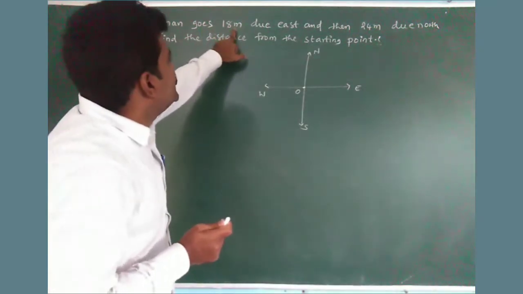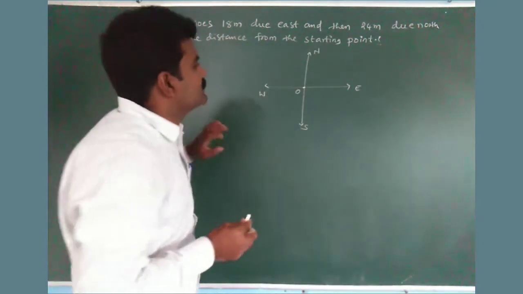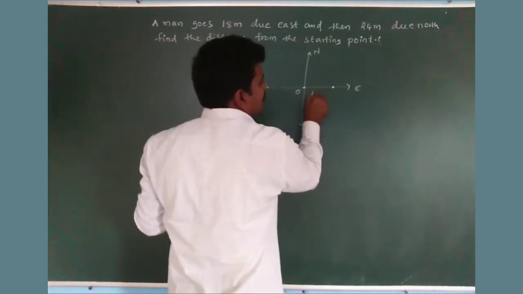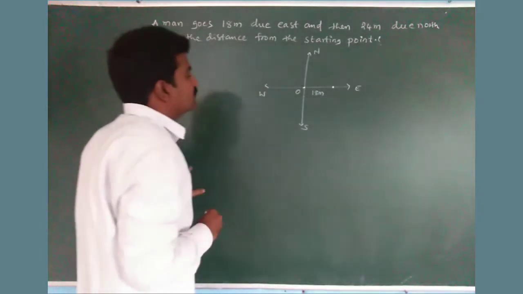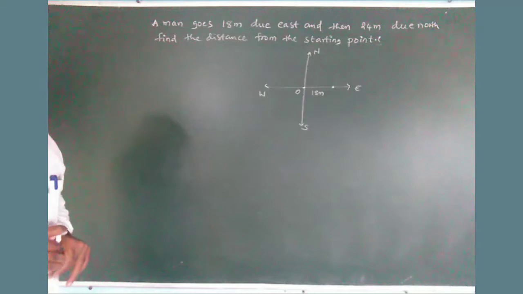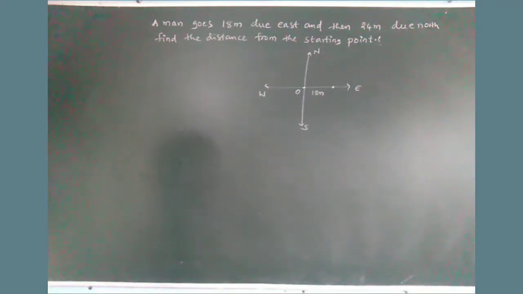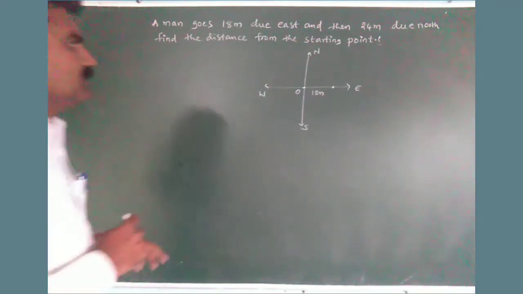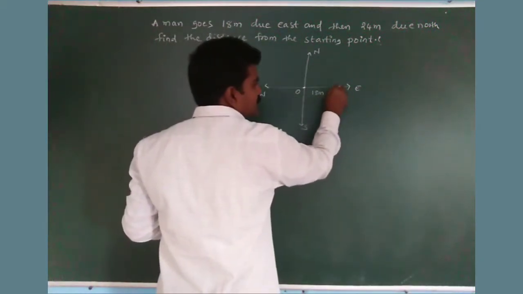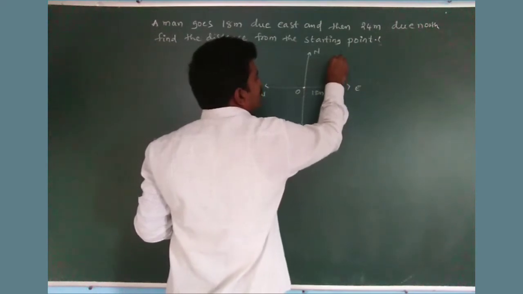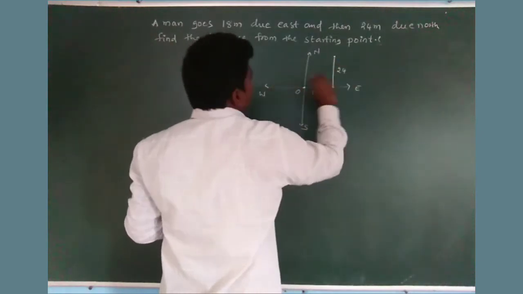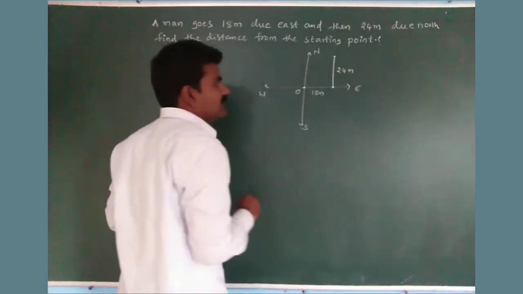Now the man goes 18 meter due east, towards east. Say suppose the man is here and this distance is 18 meters. And 24 meter due north. So after moving a certain distance towards east, now he turned towards north, and the distance he covered is 24 meters.